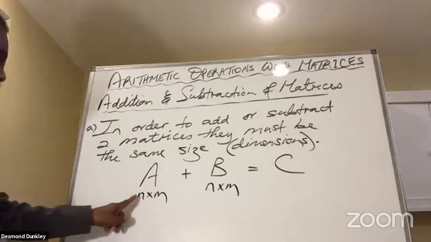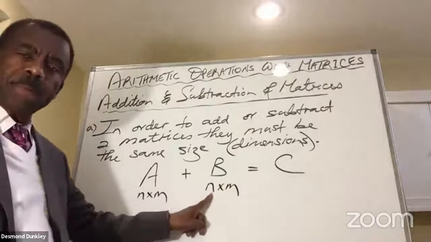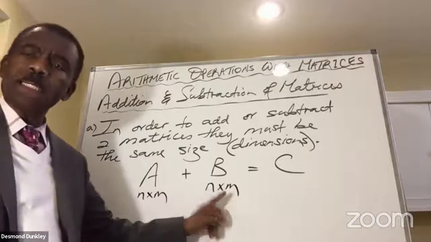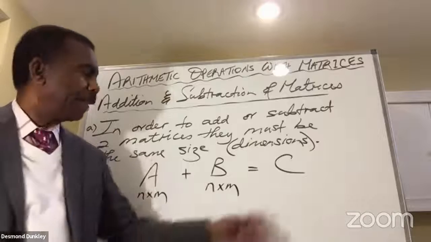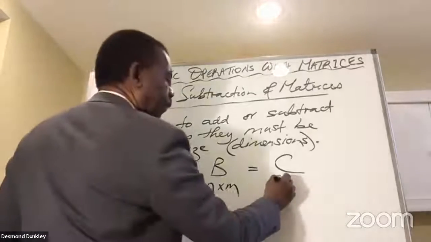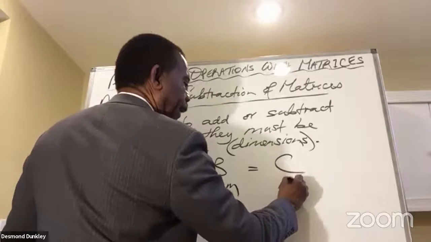In other words, the number of rows must be the same. The number of columns must be the same. And the result will also be n by m.